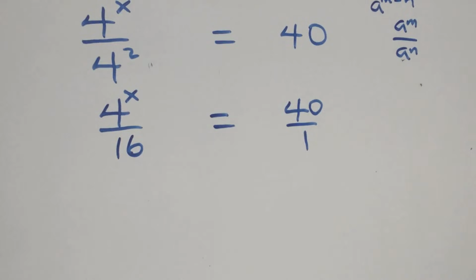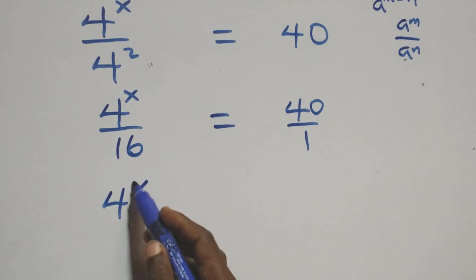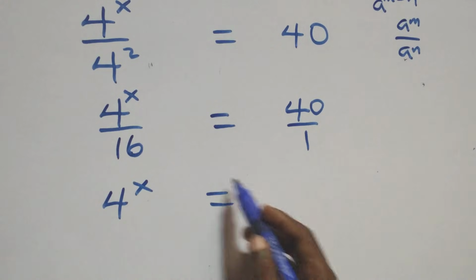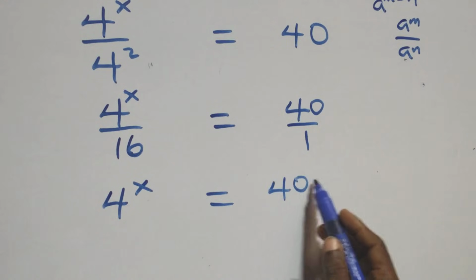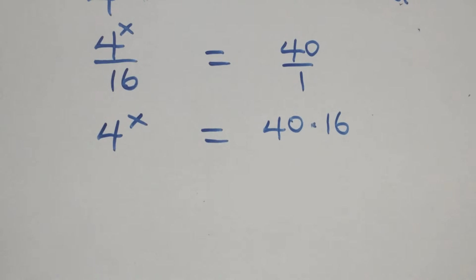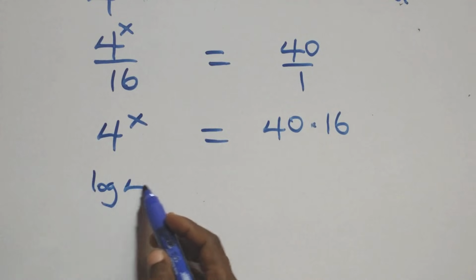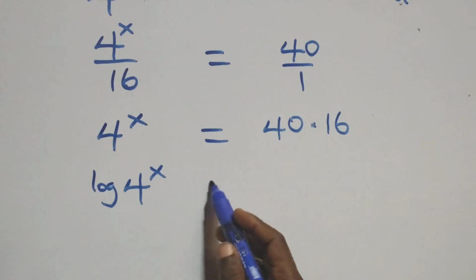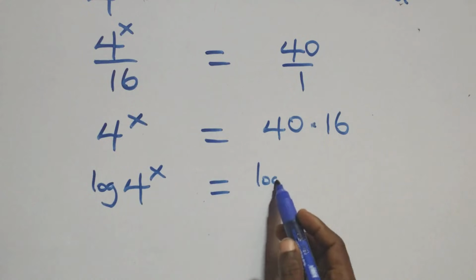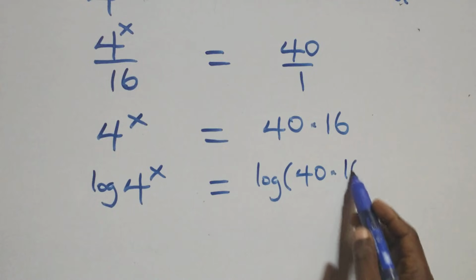From here we cross multiply: 4 raised to power x times 1, same thing as 4 raised to power x, equals 40 times 16. The next step, we take the log on both sides and we have log 4 raised to power x equals log 40 times 16.